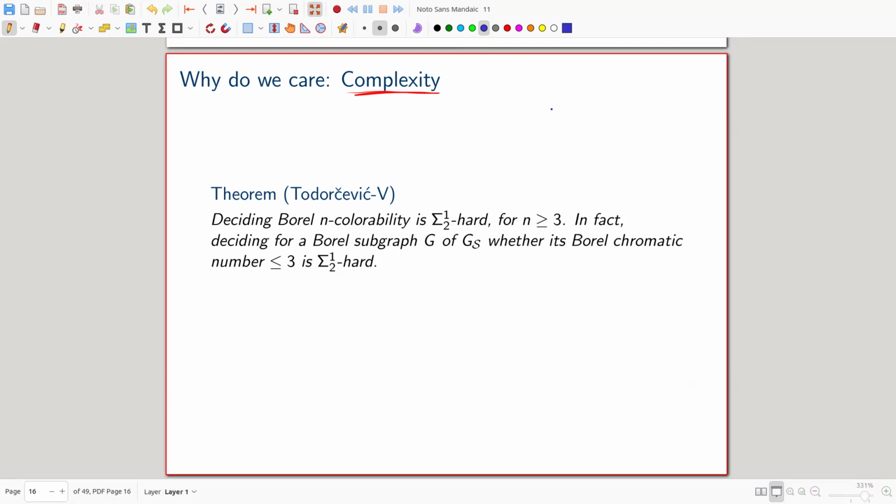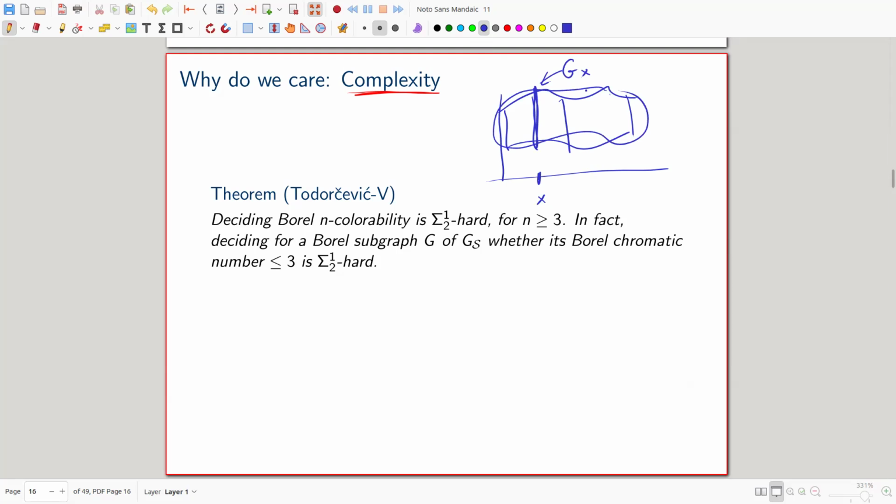You can ask the following question: if you have a bunch of Borel graphs, so these are X, and you have Gx, a Borel graph, and assume that this is a Borel set altogether, then you can ask about the collection of those x's for which Gx has a Borel, say, 3 coloring.